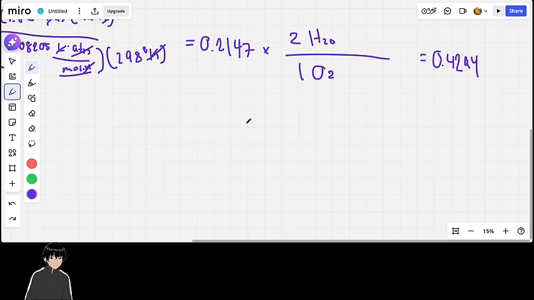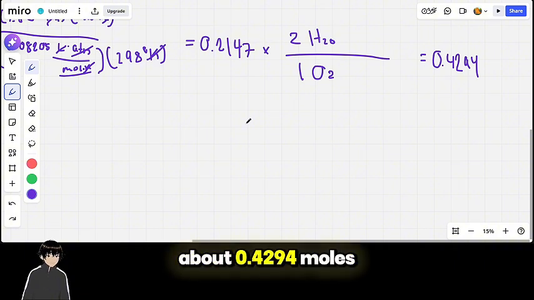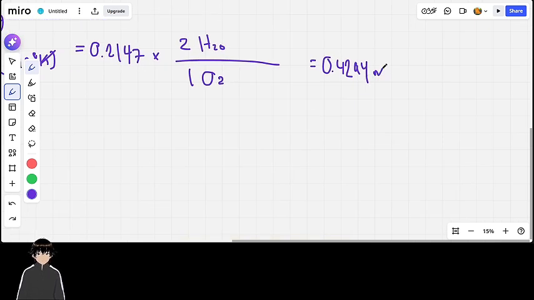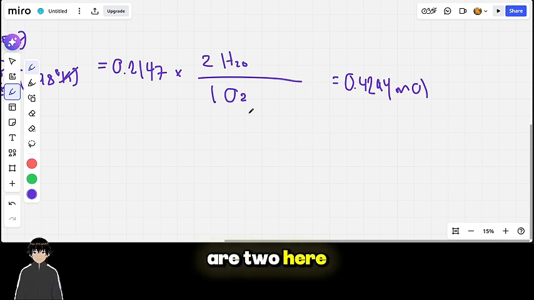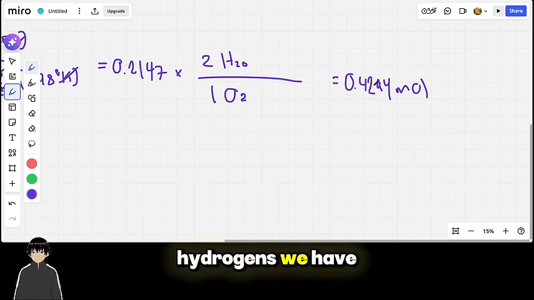Check. So that is about 0.4294 moles. But since there are two hydrogens here, you have to times that by 2.